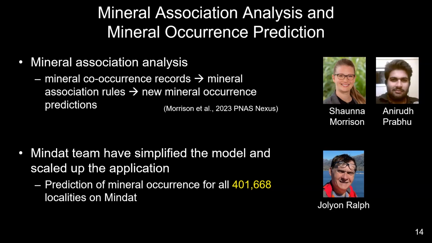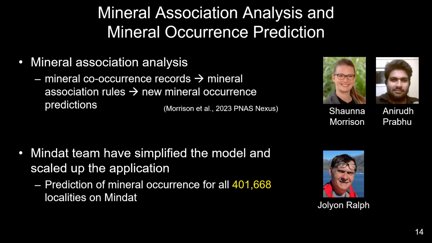This is very popular on social media and even online stores like on Amazon. You may often see those kind of recommendations say, oh, people who bought A, B, and C, they also bought D. So similarly, here Sean Morrison and Anil Prabhu study the mineral co-occurrence patterns among a large number of localities.